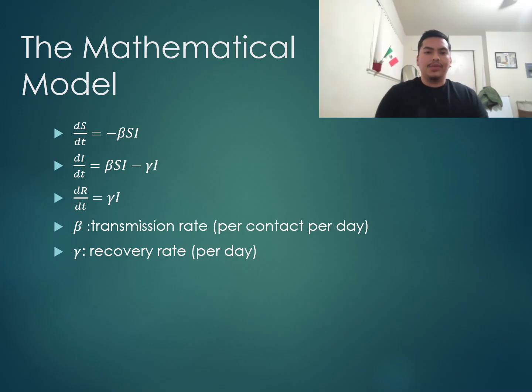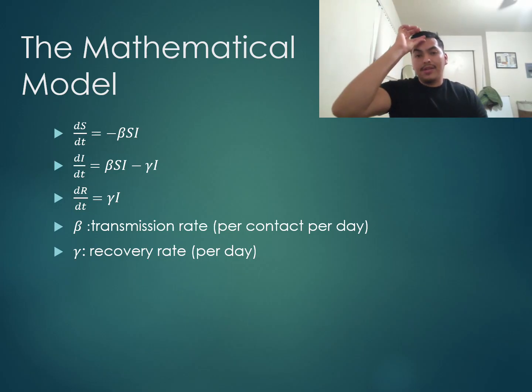And the negative sign that we see before the beta is telling us that we can only lose people from our S group since they have to make their way down to our I group. So the more S people that we have, the more I people we have, since the disease will be more contagious, right?